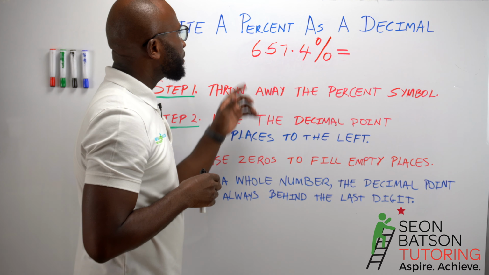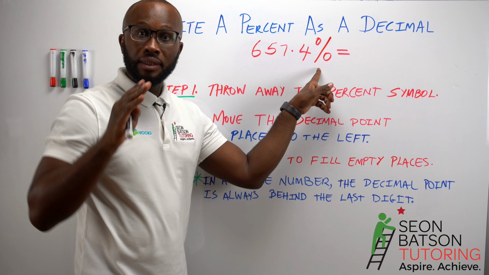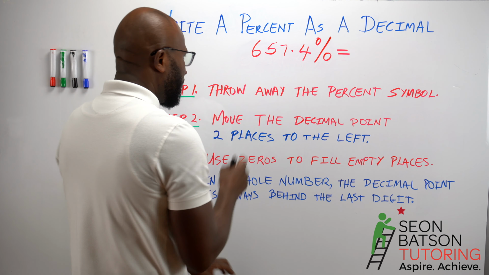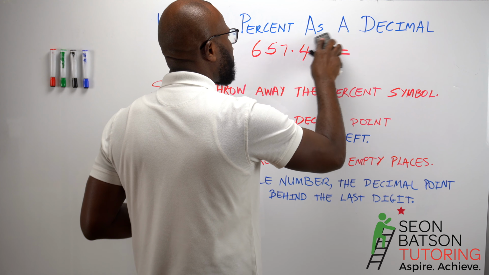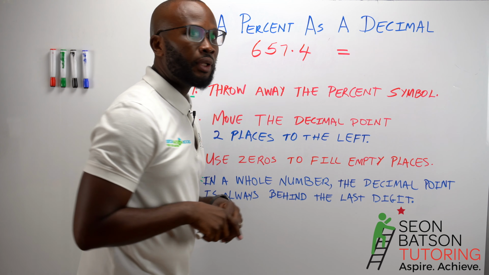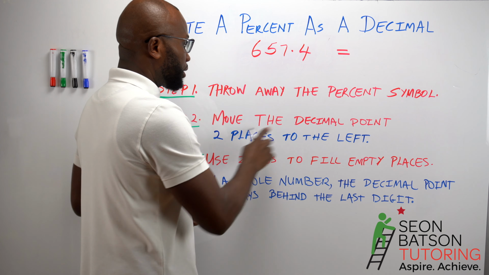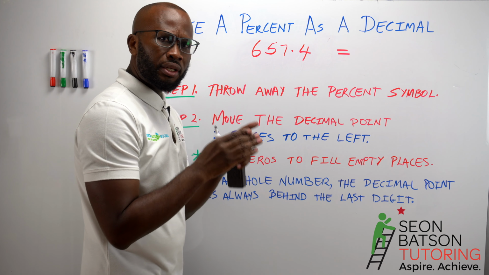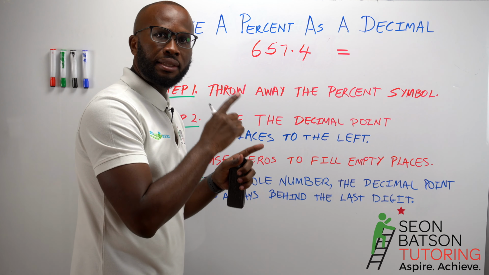We want to write 657.4% as a decimal. Yes? So step 1, we will throw away our percent symbol. We don't need you anymore, so we will get rid of it. And then step 2, we are going to move the decimal point 2 places to the left. Very important, when you are moving your decimal point, go 1 place at a time.